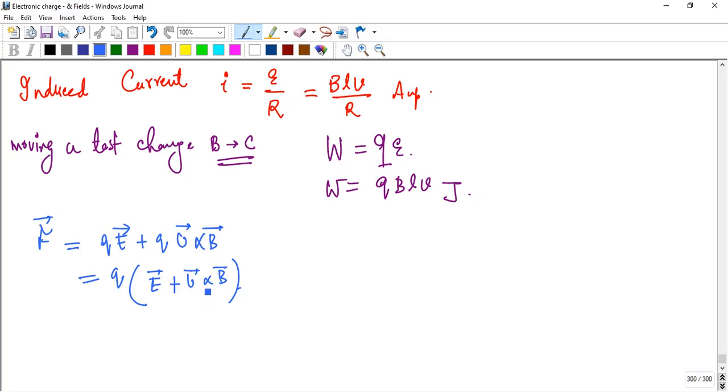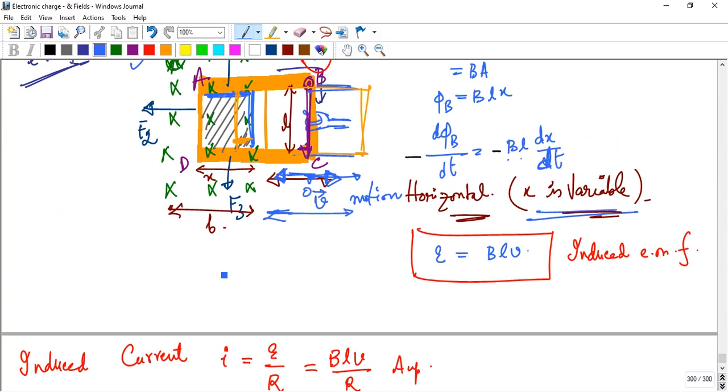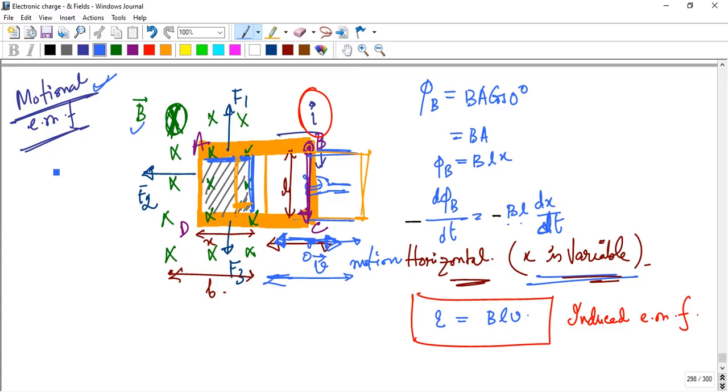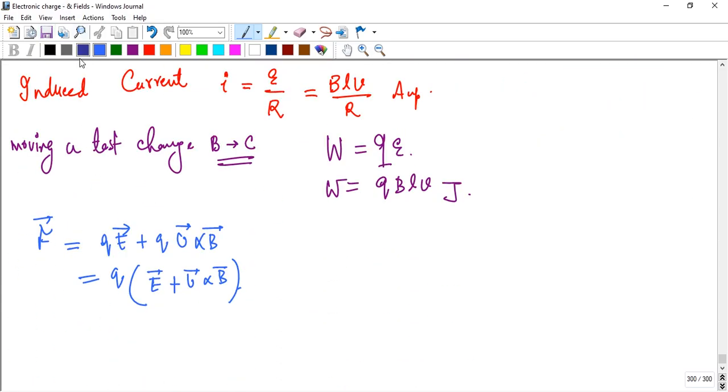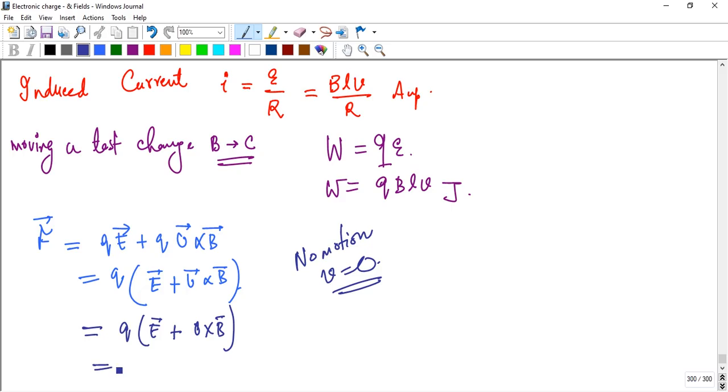Now suppose there is no motion, whereas this motional electromotive force requires motion. So if there is no motion, v is 0. If the velocity is 0, the force is qE plus 0 cross B, and 0 times anything gives 0, so this force is now only the electrostatic force.